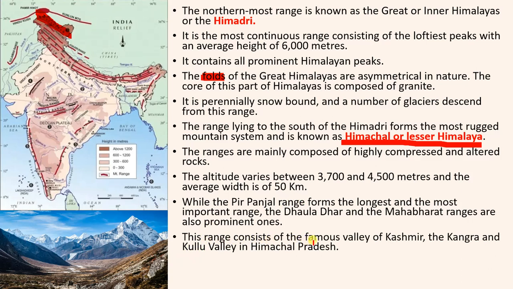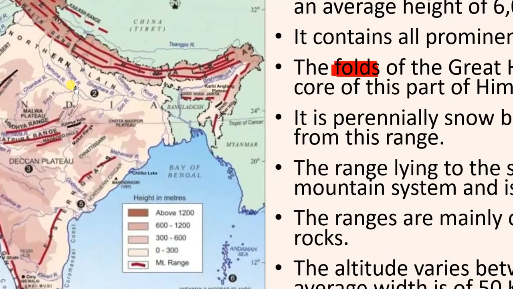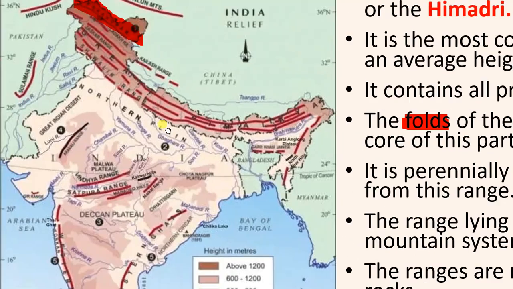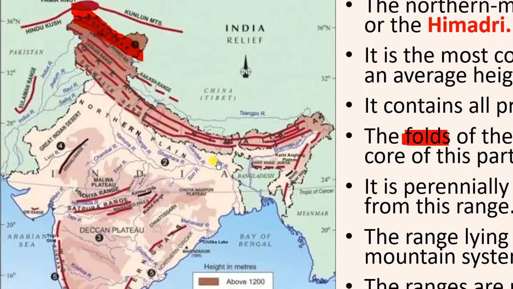This range consists of the famous valleys of Kashmir and Kangra and the Kulu valley in Himachal Pradesh. All these are not clearly visible in the map if we see from a closer look.